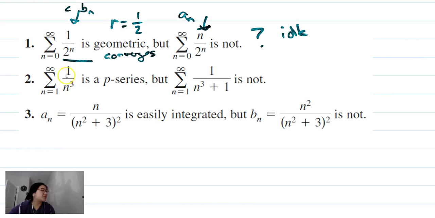What about the second one? Well, we have a p-series, and this p-series converges, right? Because p is 3. Whenever our p is greater than 1, then we have a convergent series, which is nice. And then looking at this one, it is not a p-series, because we have this plus 1 over here. So let's compare these two series. Which one is greater? The p-series is greater, because for this one we have this plus 1 in our denominator.